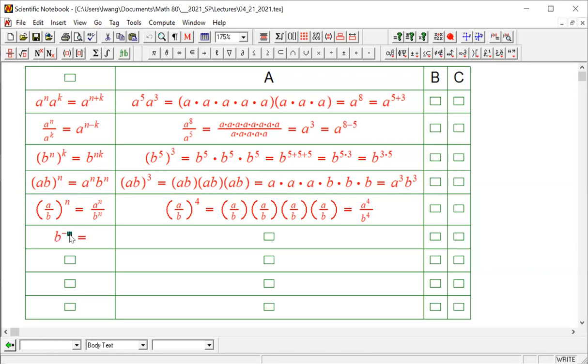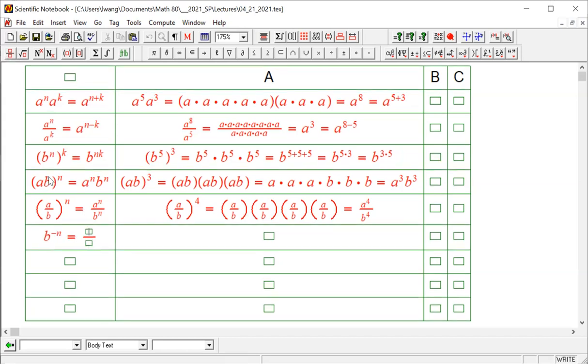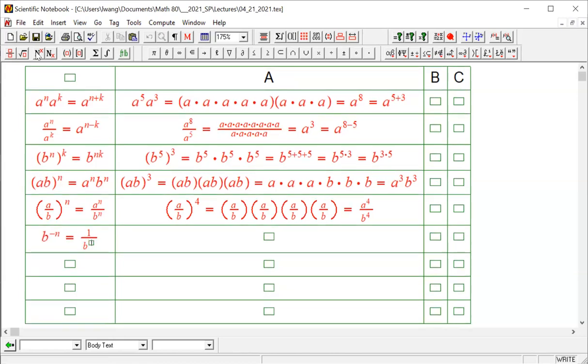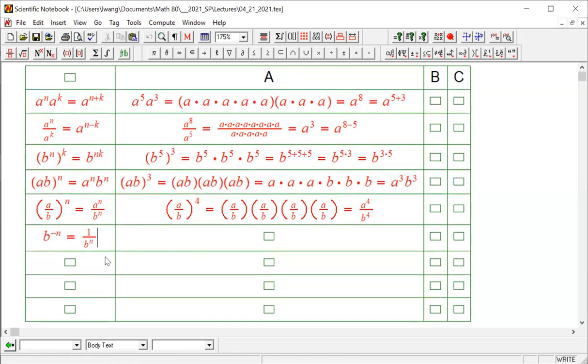By the way, n itself is not necessarily positive or negative, so be reminded of that. This goes by definition: b raised to the power of negative n is defined as 1 over b to the power of n. And the next one is b raised to the power of 0.